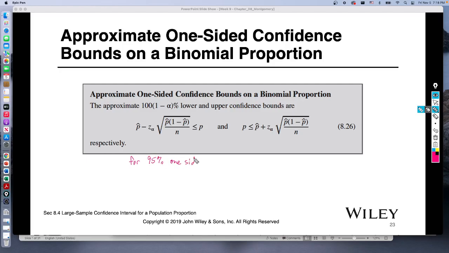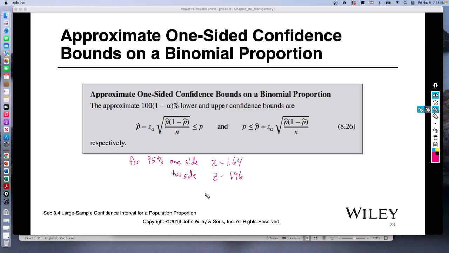One side, z was equal to 1.64. For two sides, remember we're splitting that between the bottom and the top. That gave us a z of 1.96.